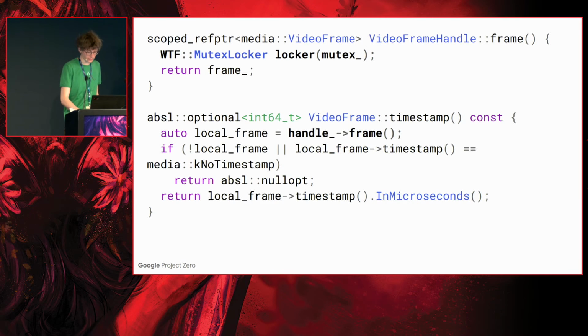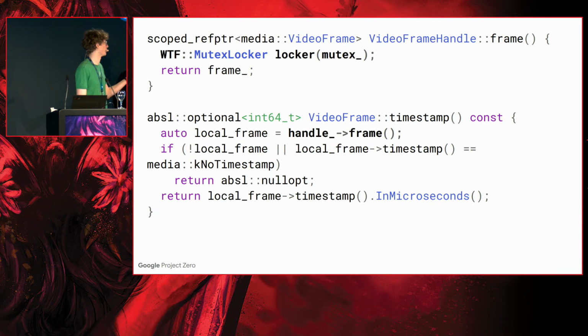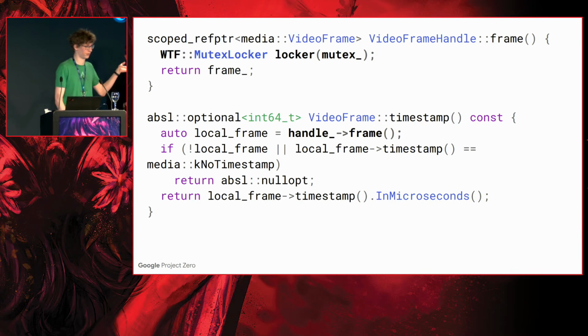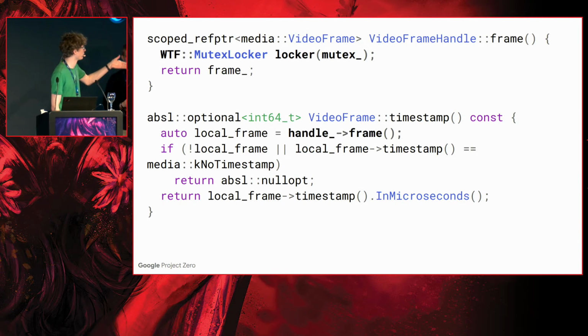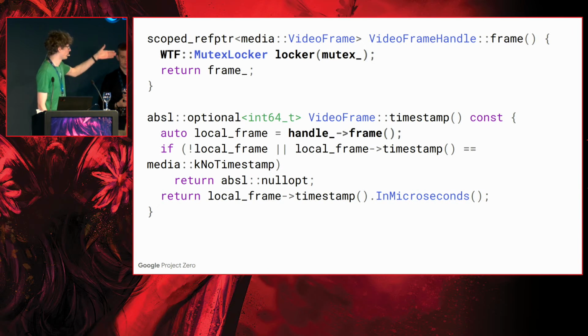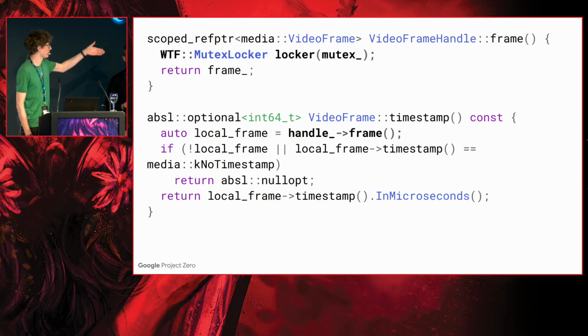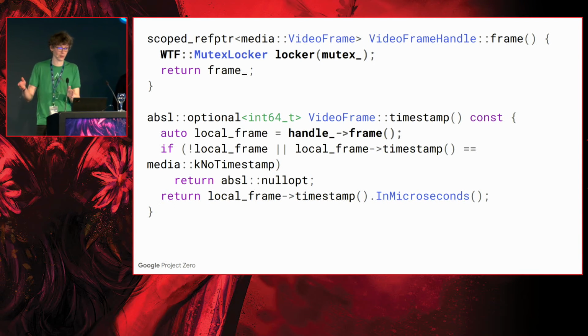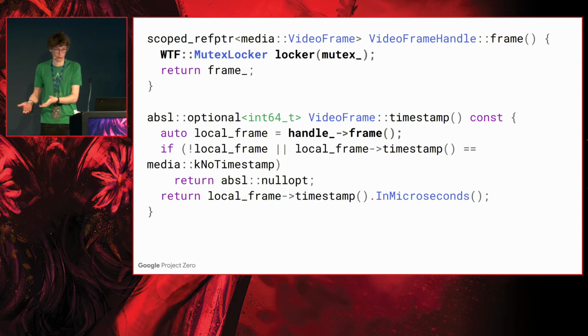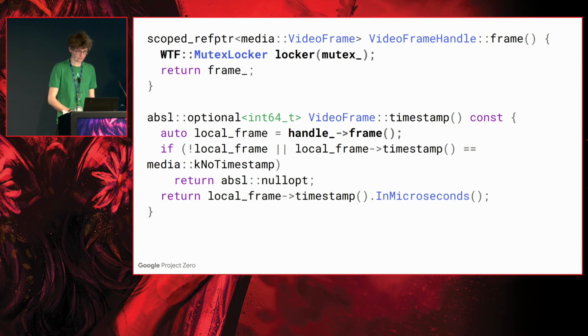And this object is referenced from the video frame object, which is directly exposed to JavaScript. So this is one of the bindings objects, and it has a pointer to that frame handle object. By calling this timestamp function, we can follow a pointer to lock a mutex and then unlock the mutex. So this gives us a primitive to lock and unlock a mutex immediately. And that's enough to actually fix our problem.